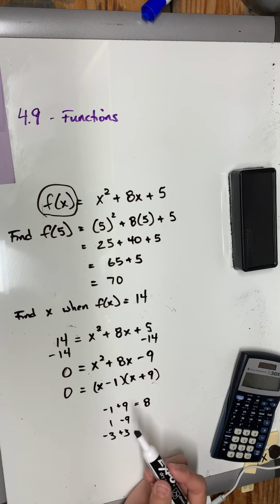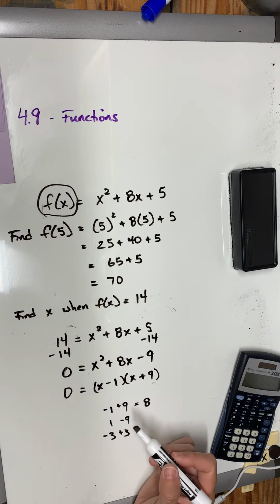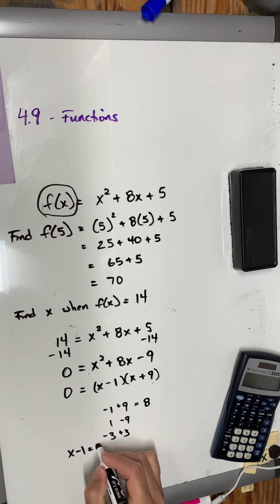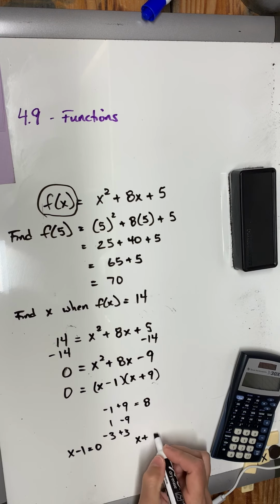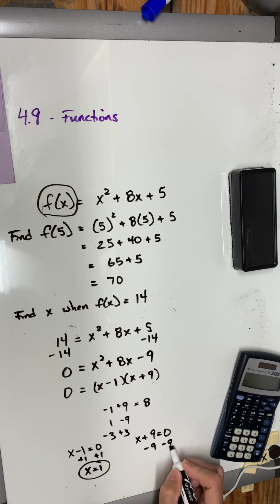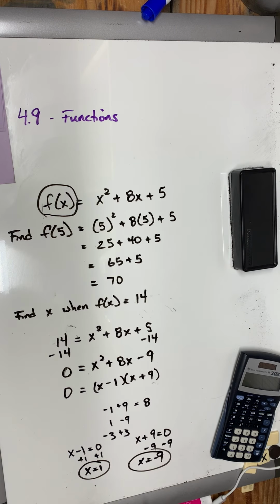And then my last step would be to use the zero product property and set each one, x minus 1 equals 0, x plus 9 equals 0. So add 1, x equals 1, or x equals -9. How would I write that answer? I would do 1, -9 is my answer.